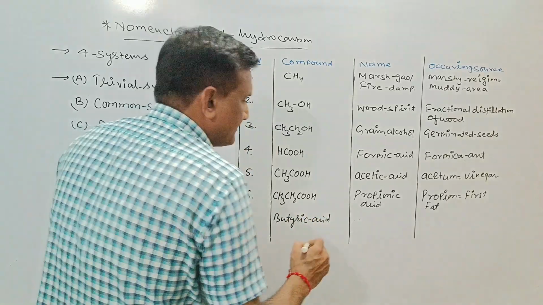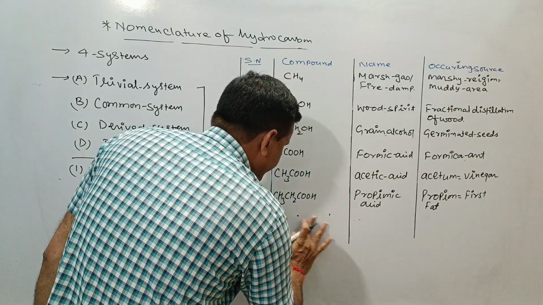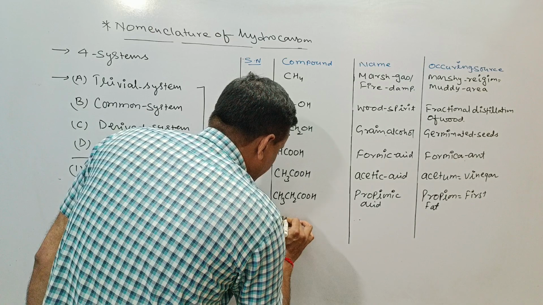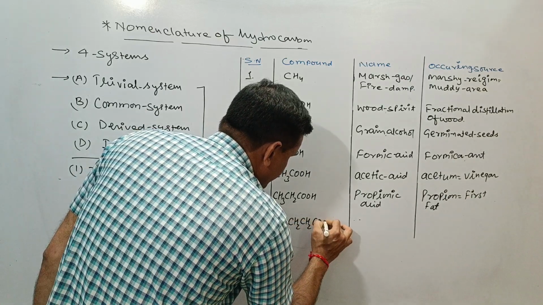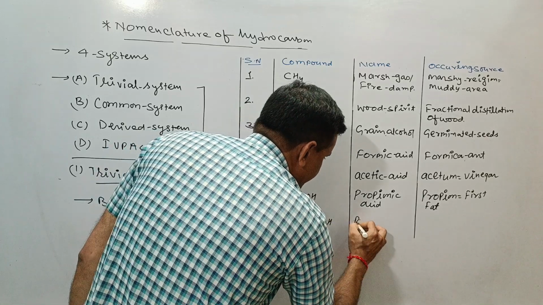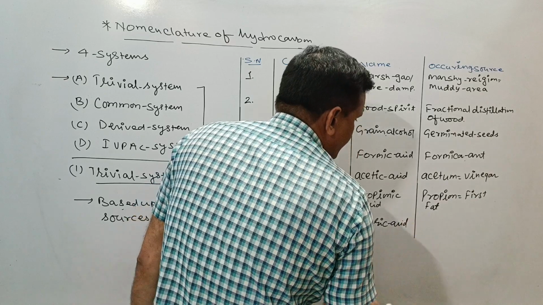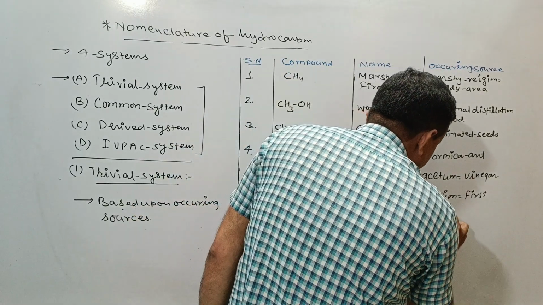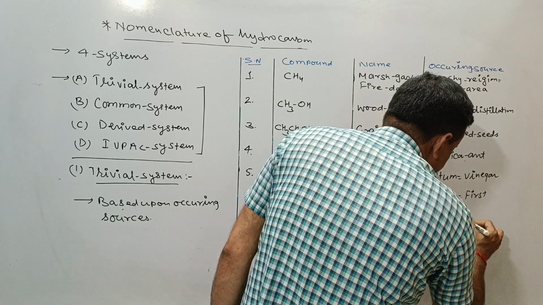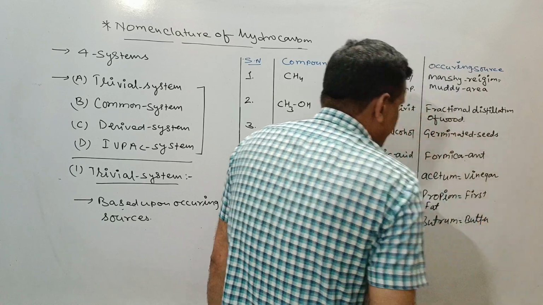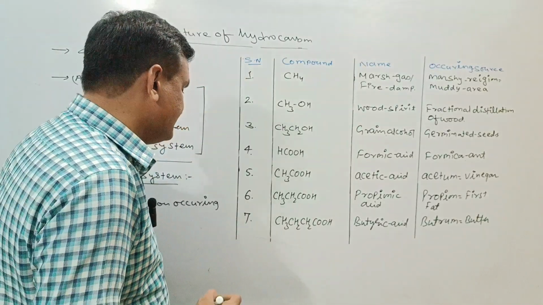Just take its structure: CH3, CH2, CH2, COOH. Butyric acid developed from the word butyrum. The meaning of butyrum is butter. It was extracted from butter, that's why it is called butyric acid.